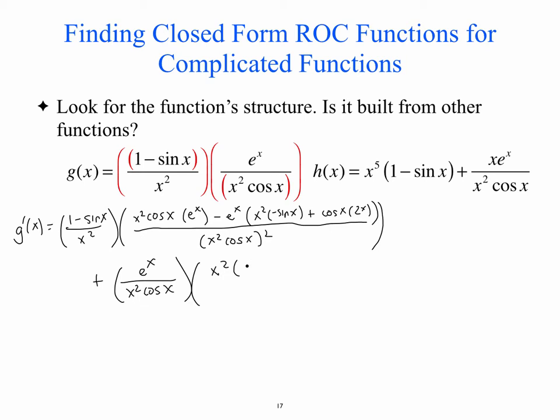So the rate of change of 1 is 0 minus the rate of change of sine of x is cosine of x, okay? So this was low d high minus high d low, 2x. Draw the line and square below. Okay? That's the final answer.